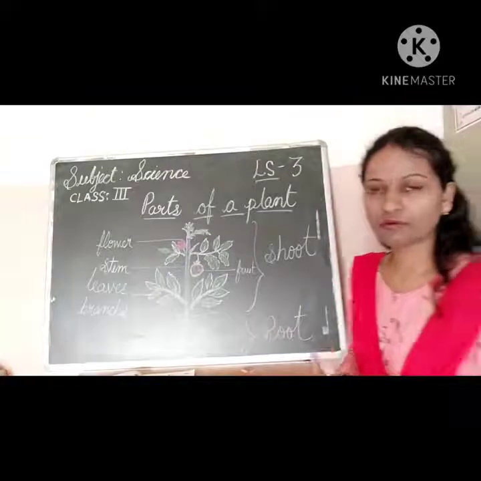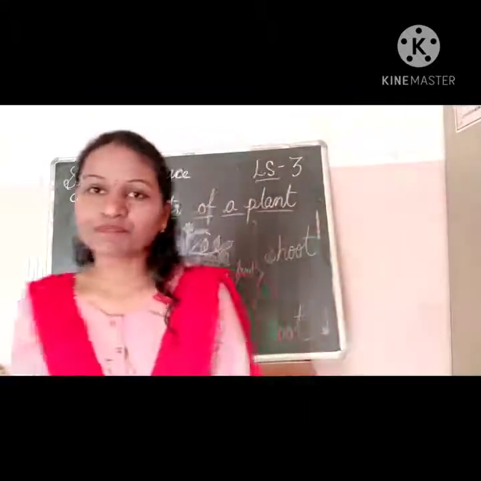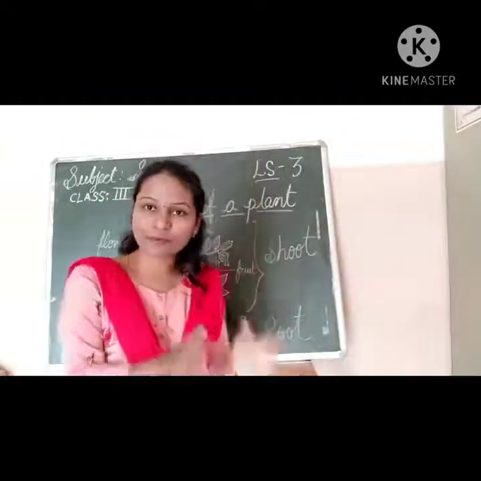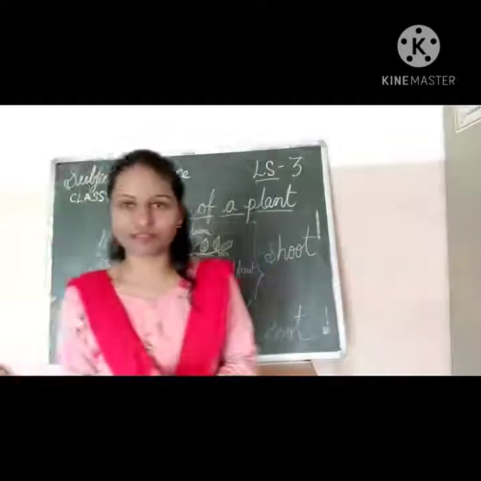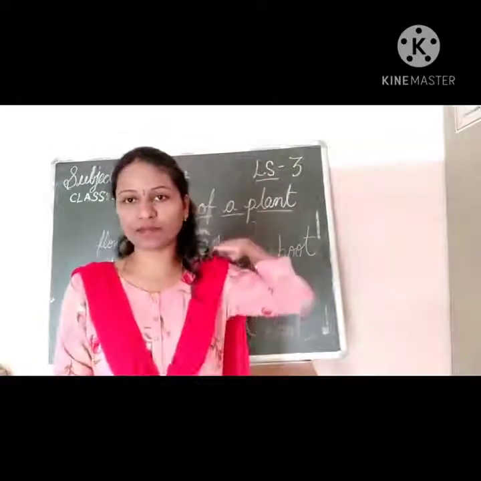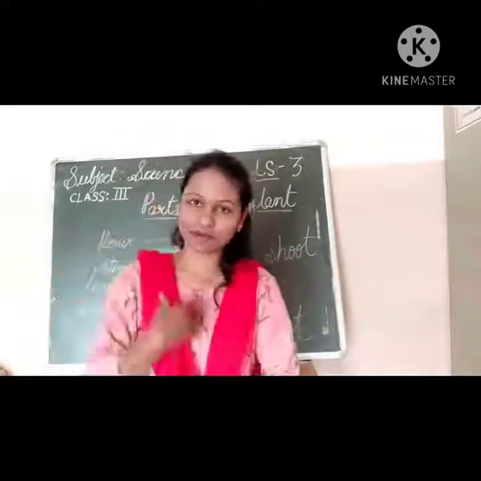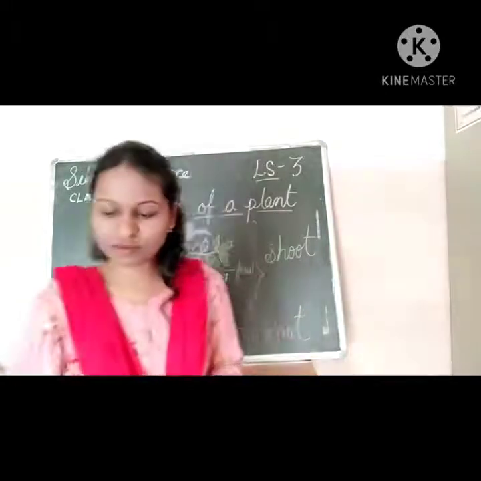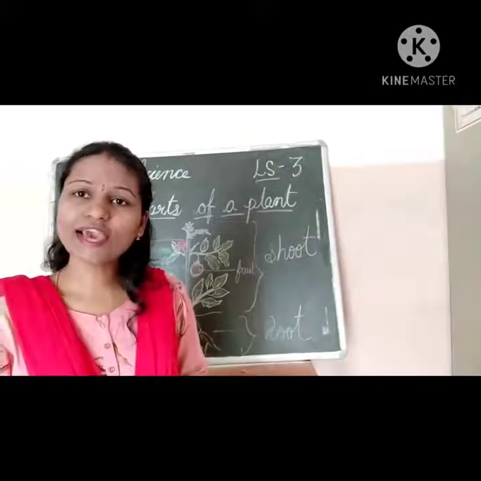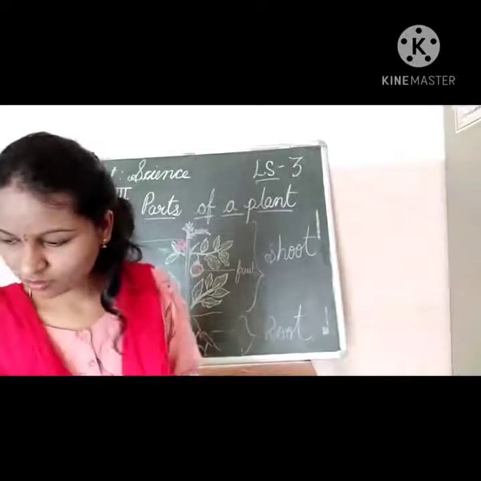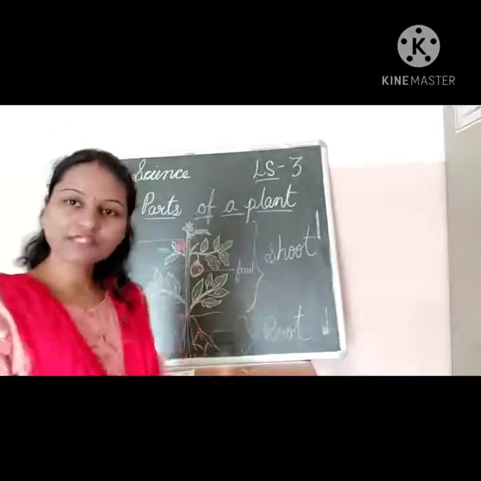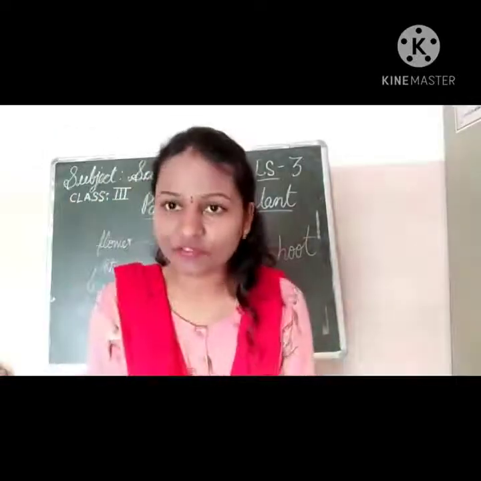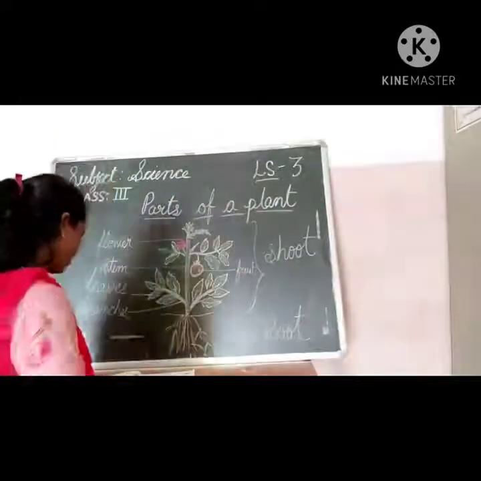Now, yesterday we saw the two types of roots. One is tap roots and one is fibrous roots. Yesterday I explained to you about tap roots and fibrous roots. What are the examples for tap root and what are the examples for fibrous root? I will tell you, children.